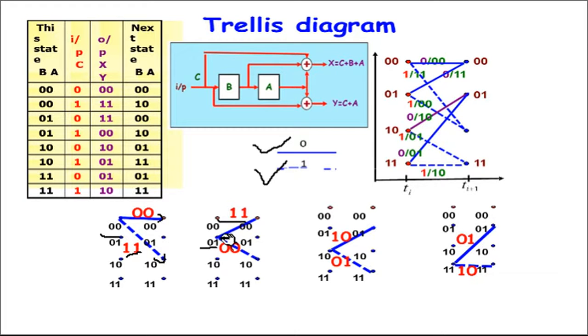That's why this arrow starts from 0 1 and ends at 0 0. When we analyze it for input bit 1, that is indicated by the discontinuous line. So for 0 1, when the input bit is 1, output bits are 0 0, and the next state is 1 0. That's why it is directed over here.